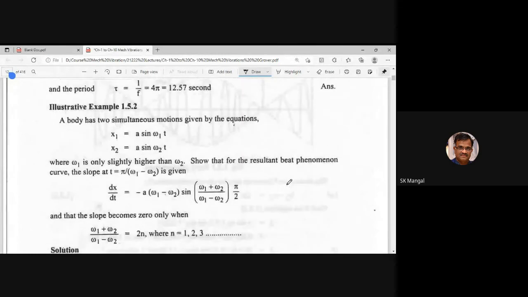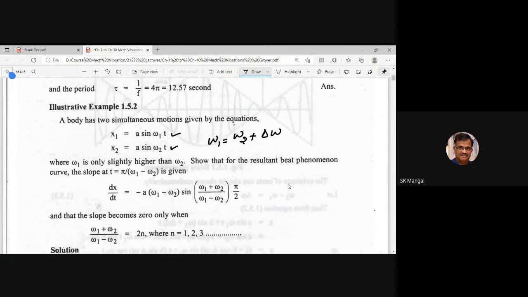Now let us solve this example. You have two simultaneous simple harmonic motions, x1 equal to a sine omega 1 t, x2 equal to a sine omega 2 t, and omega 1 is slightly higher than omega 2. It means omega 1 is equal to omega 2 plus delta omega.